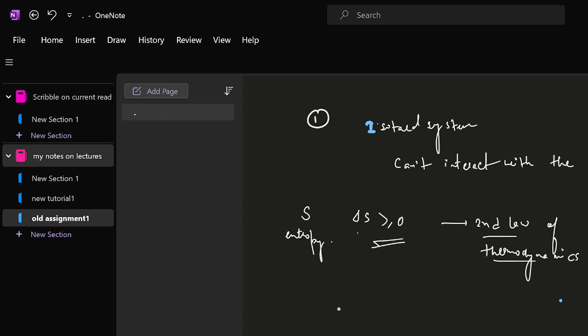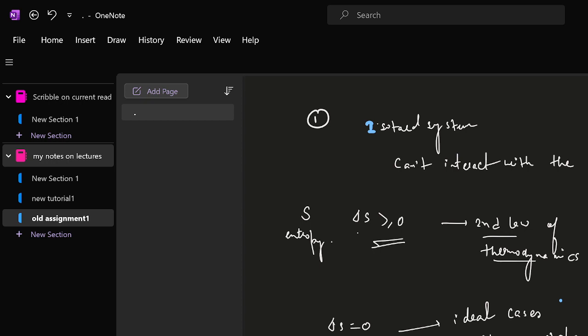In case of an irreversible process, entropy should always increase. That's why we choose the option entropy increases. But there is also a possibility that entropy can remain constant, that is delta S equal to 0, but that is only for ideal cases. What are the ideal cases? Like if the system is in steady state, or if it is a reversible process.